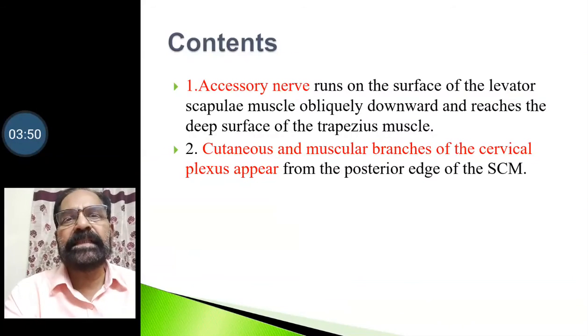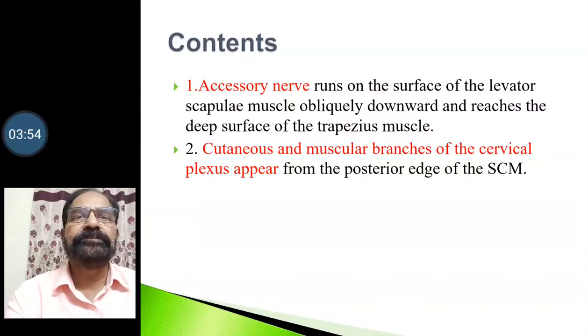Then coming to contents, the accessory nerve runs on the surface of levator scapulae muscle obliquely downwards and reaches the deep surface of trapezius muscle to supply it. The second is the cutaneous and muscular branches of the cervical plexus, which appear along the posterior edge of sternocleidomastoid muscle.